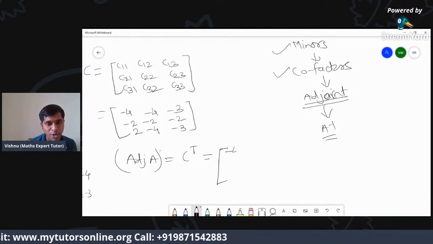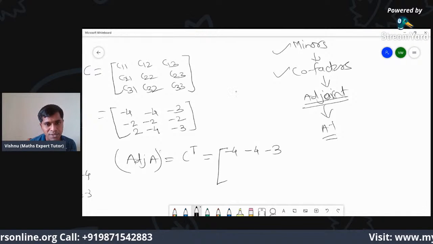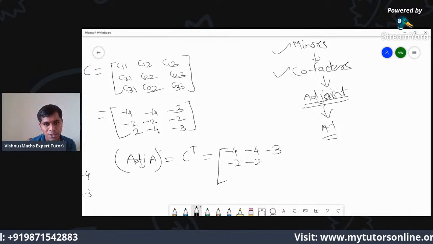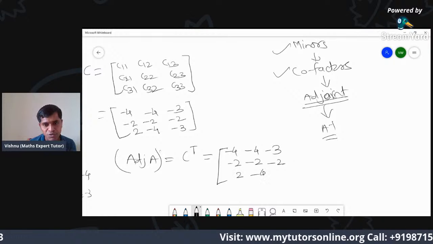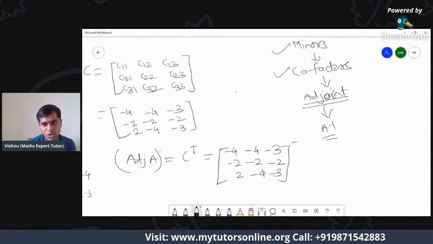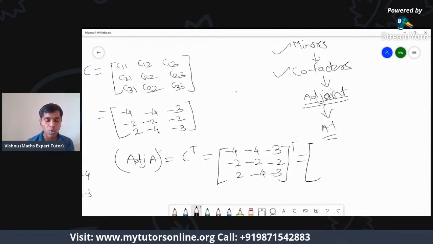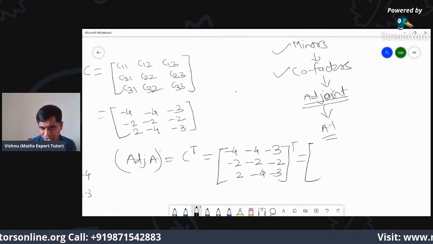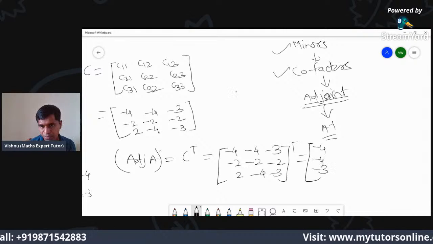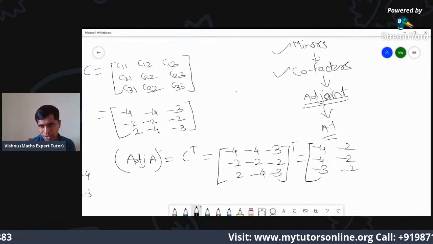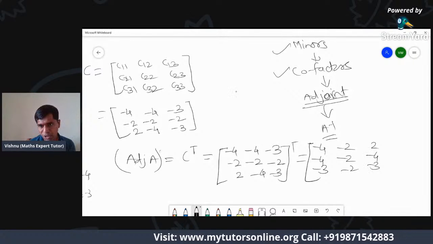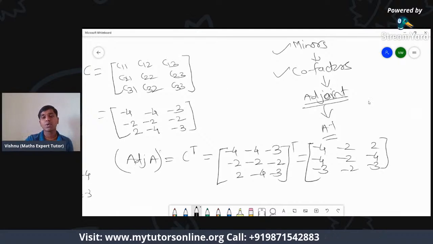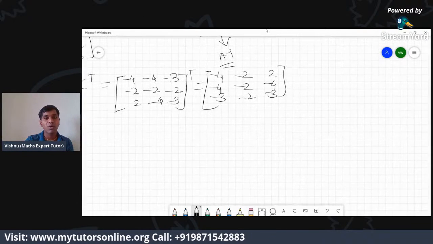What is transpose? Rows get converted into columns and columns into rows, vice versa. So it is what we have got.